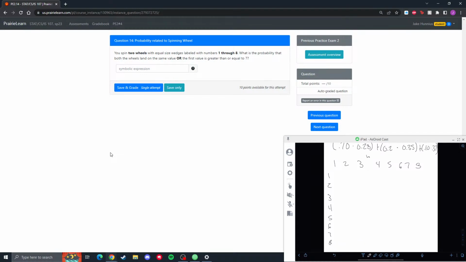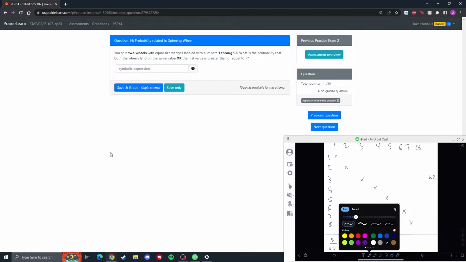So I'm going to call the horizontal wheel 1 and the vertical wheel 2. So first, let's calculate the probability that they both land on the same value. So 1, 1, 2, 2, 3, 4, 5, 6, 7, 8. So we get 8 over 64 plus, now we have to do the first value is greater than or equal to 7.